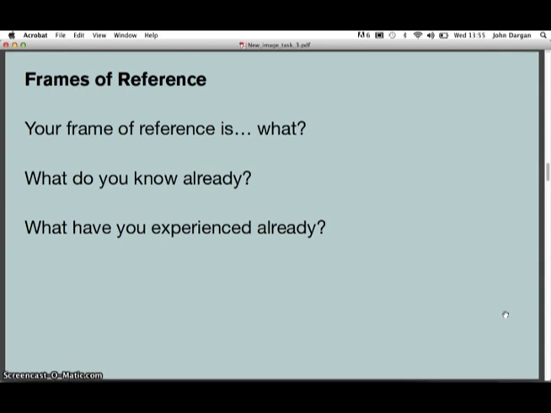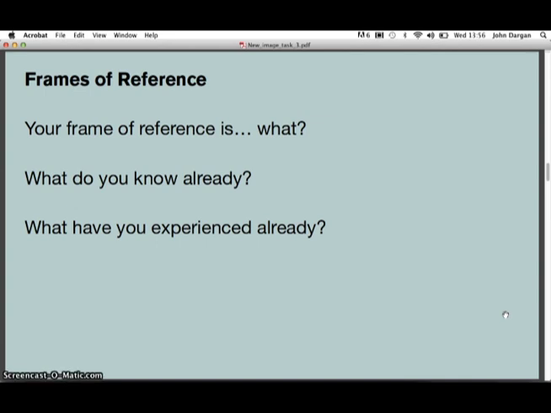In other words, what you can understand is guided by what you know already or what you've experienced already. So the whole course is based around giving you lots and lots of experiences and talking to you one-to-one or in small groups about other artworks and how it might relate to what you can do in your artwork, or how you might be influenced by artworks or artists to push your own ideas forward.